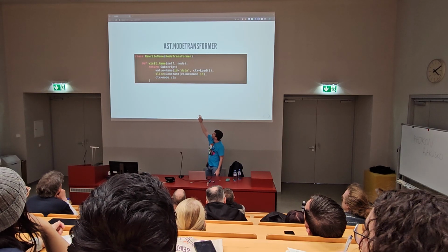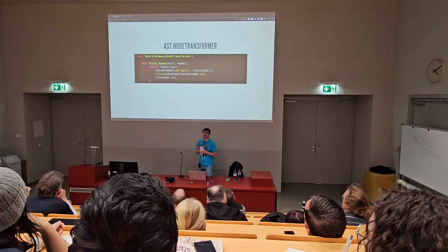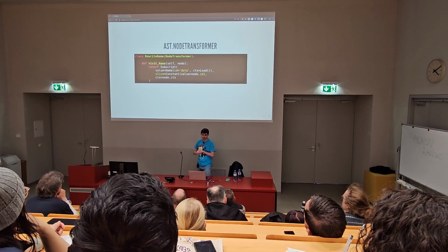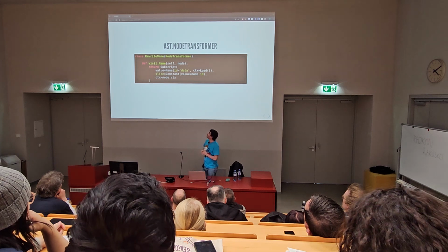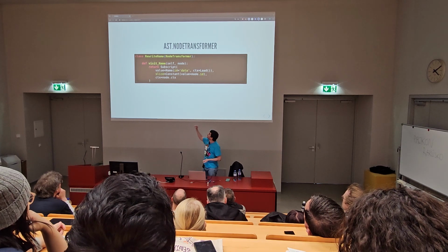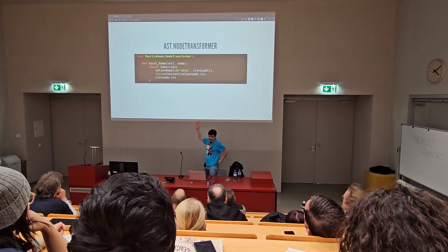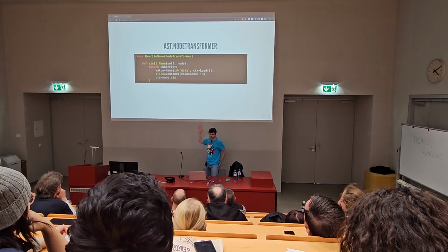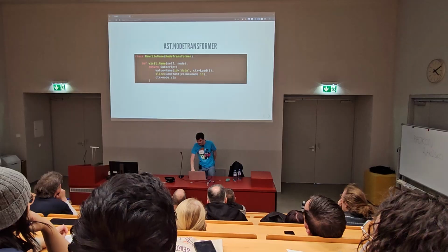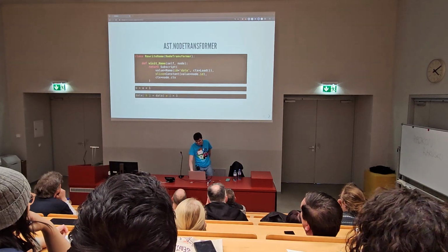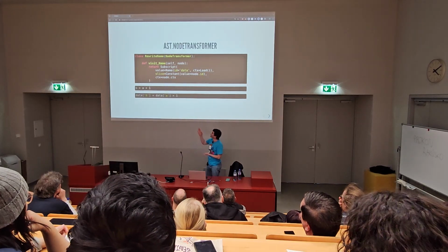So here we visit only the Name nodes. The Name nodes are basically variables. So when you use foo or any variable name, that will be a Name node. And what it's doing is changing the Name node into a Subscript node. In this example, I just show what it does. It turns the first expression into the second one.